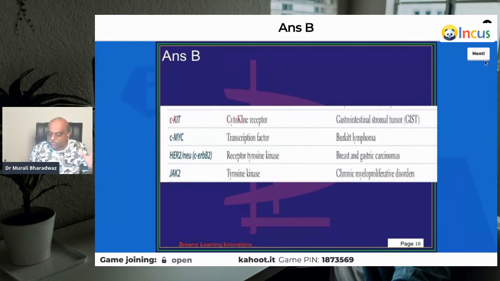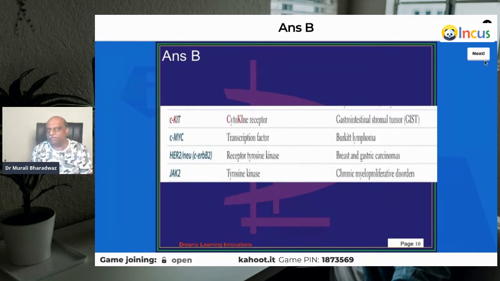C-kit is a cytokine receptor involved in GIST tumors, gastrointestinal stromal tumors. C-myc is a transcription factor involved in Burkitt's lymphoma. HER2, which is also called ERBB2, is a receptor tyrosine kinase involved in both breast and gastric carcinoma. So a lot of people wrongly think HER2 means only breast.